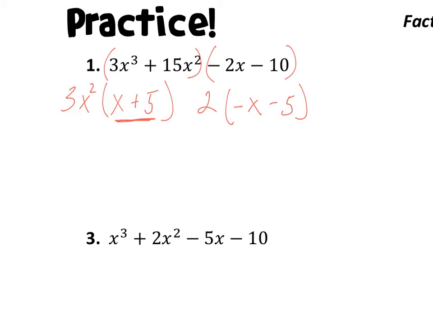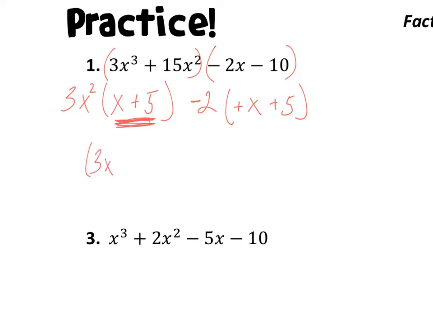So these aren't the same, but how could we make them the same? What if I factor out now a negative 2? If I factor that out, now this becomes positive x, this becomes plus 5. Now my binomials are the same. That's why I said you can use this binomial to help you know what we want to factor. So now we're good. Bring everything together.